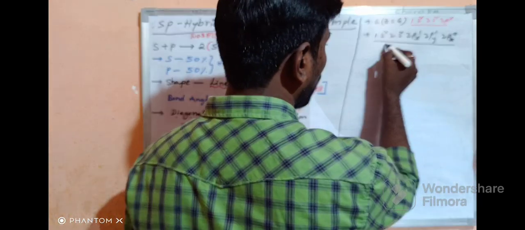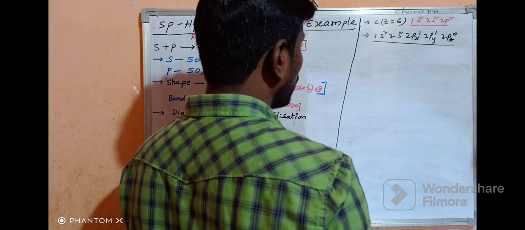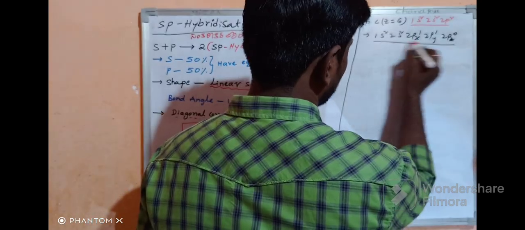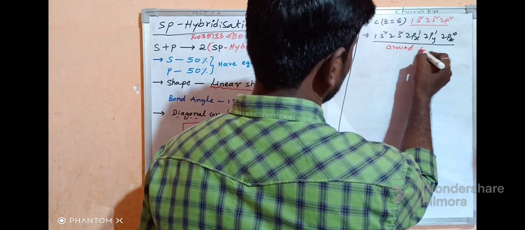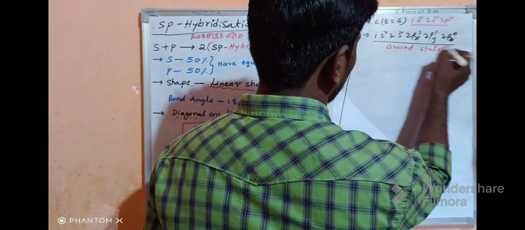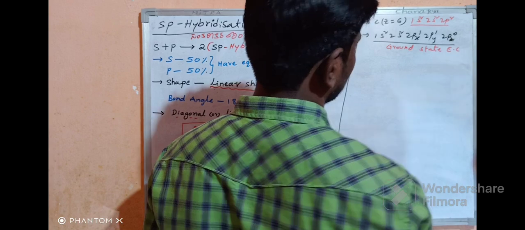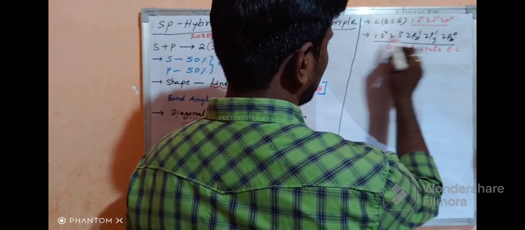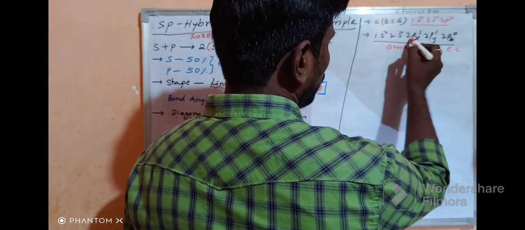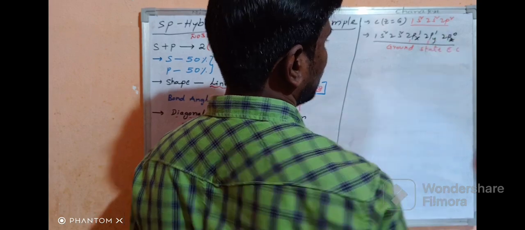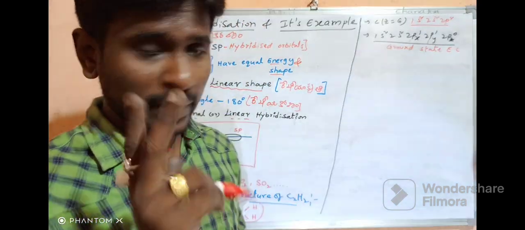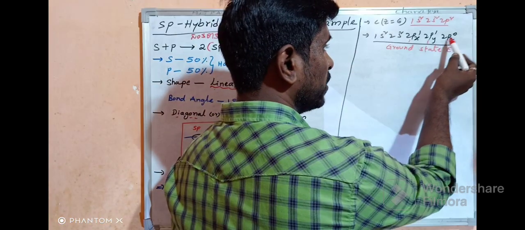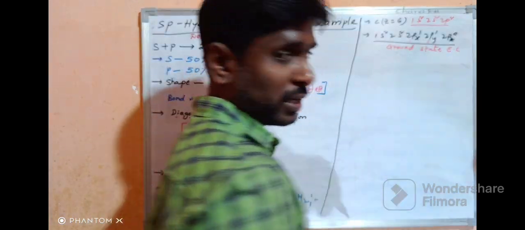This is also called the ground state electronic configuration. Here the 2px and 2py orbitals have 2 unpaired electrons, but in 2pz there are 0 electrons.